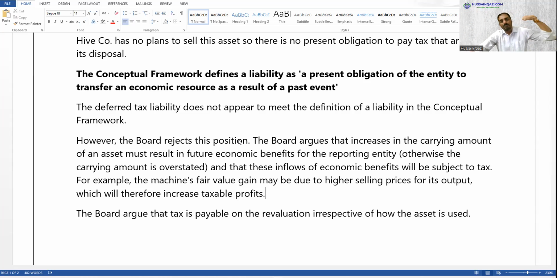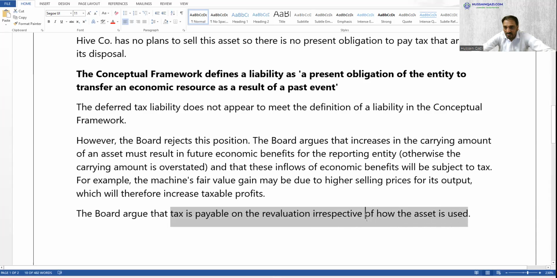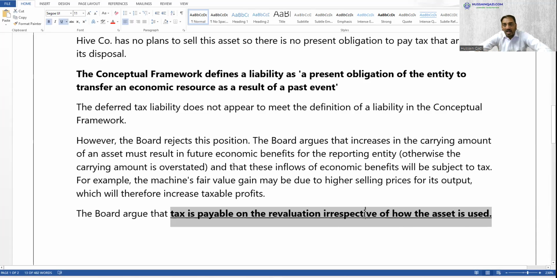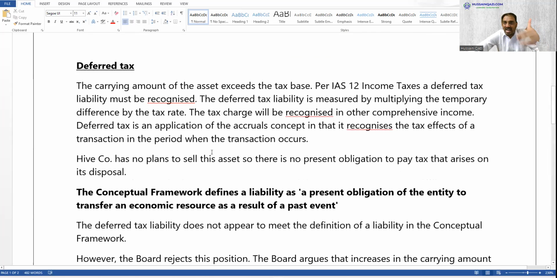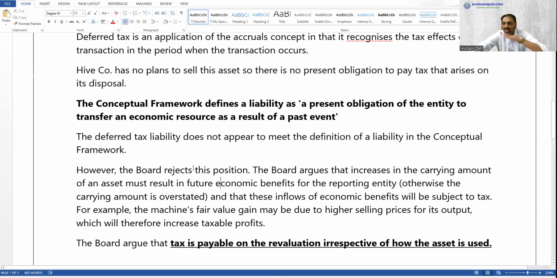If you are using the asset and getting the benefit, then you need to recognize the deferred tax liability as well. So the board argued that tax is payable on the revaluation, irrespective of how the asset is used. I know that this is not the complete justification, but you have to mention your position accordingly. That is the point.